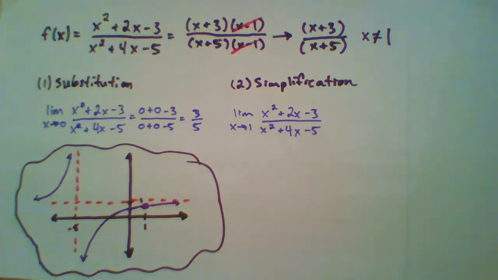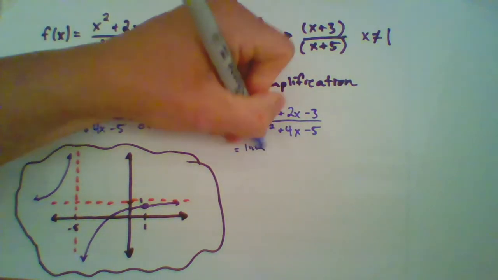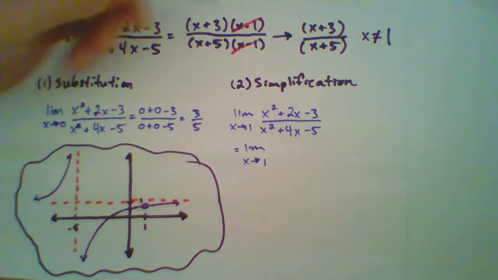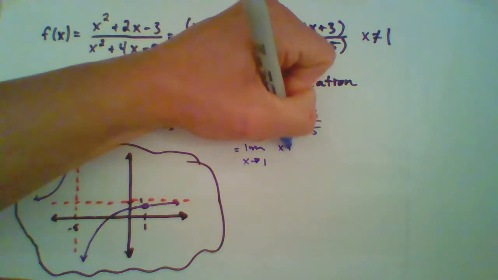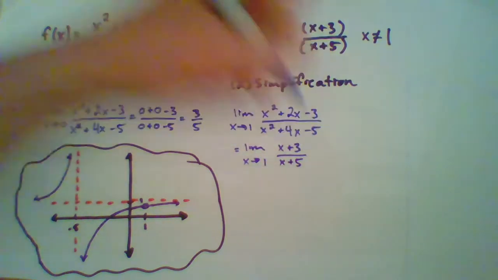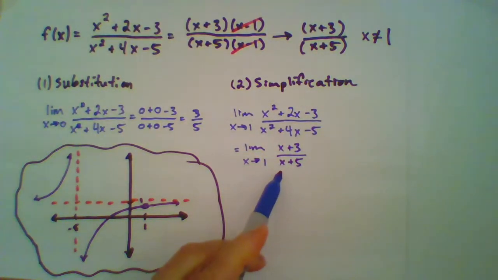Okay, so what we can say is that this limit is going to be equal to the limit as x approaches 1 of this approximating function, x plus 3 over x plus 5. And now at this point, we can do substitution because there's no problem if x is equal to 1. We don't have any issue in the denominator.